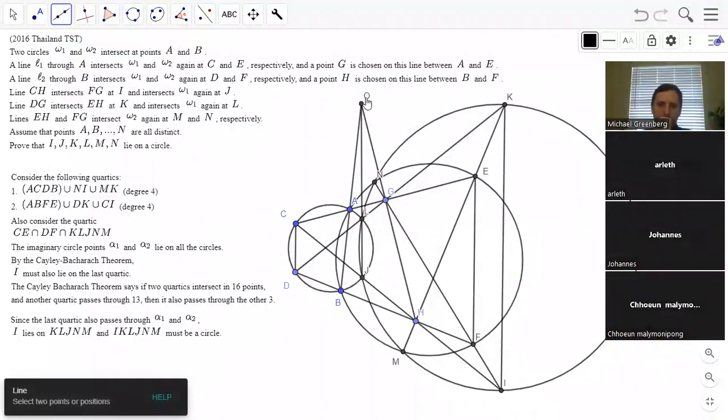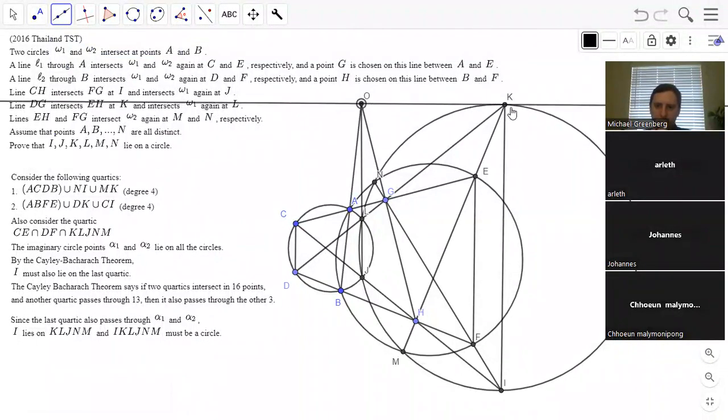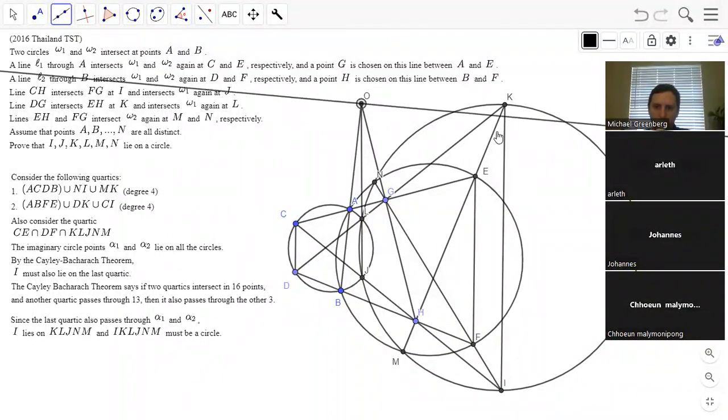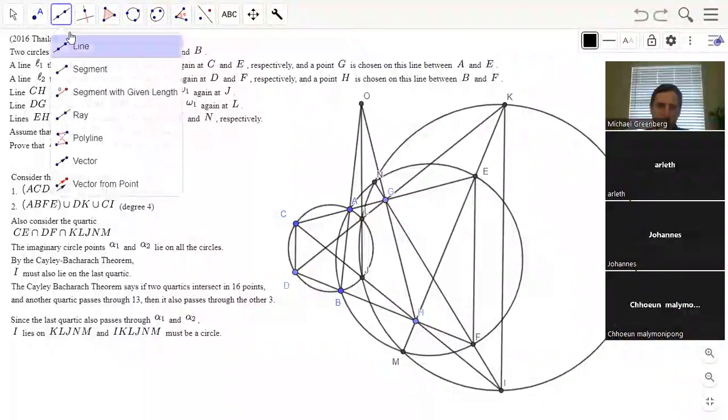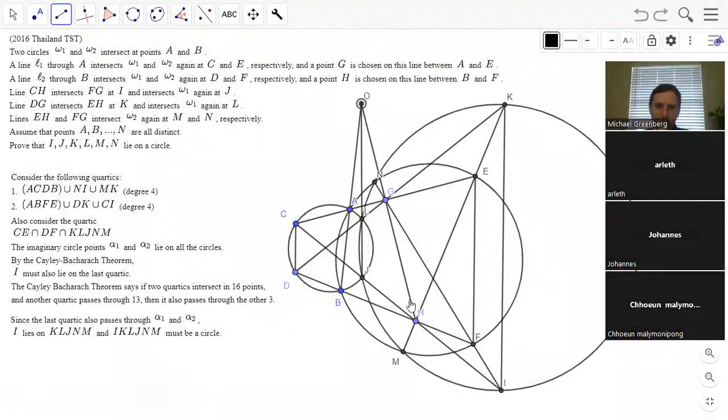Yeah, I wonder if there's anything that concurs somehow. Yeah, let's assume for now that these were collinear. Can we say anything else?